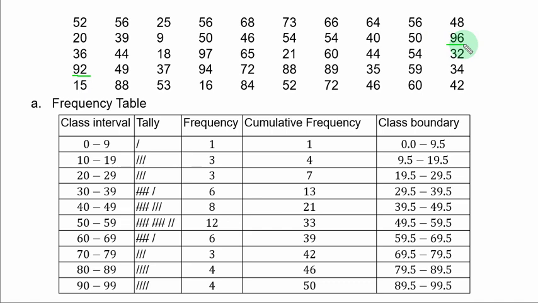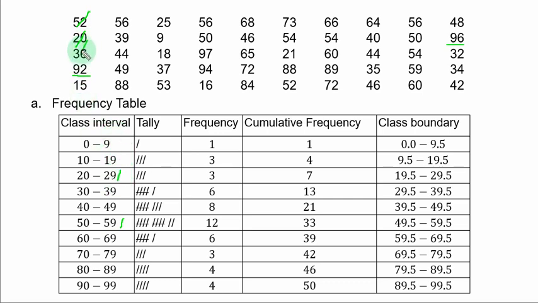Tally is the stroke representation of frequency. To get the frequency easily, you use tally. Now let me illustrate. Let's use the first column. Use your pencil. If you strike off 52, you record it with one stroke in its class interval. You strike off 20, you record it in this class interval.